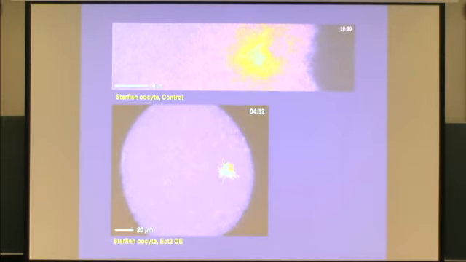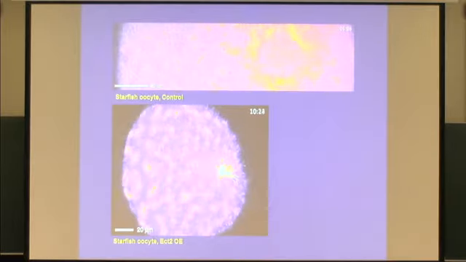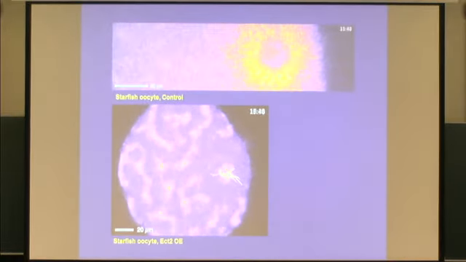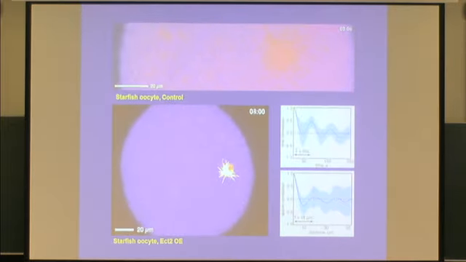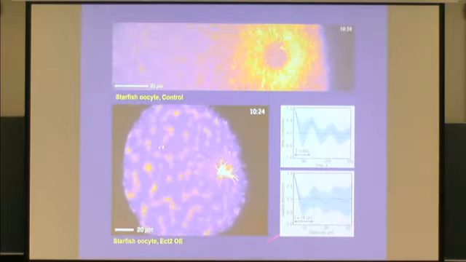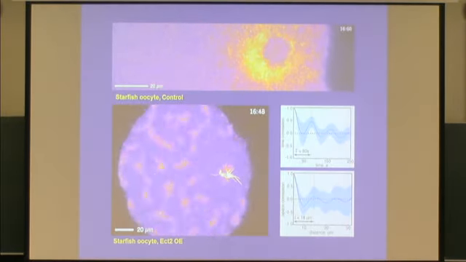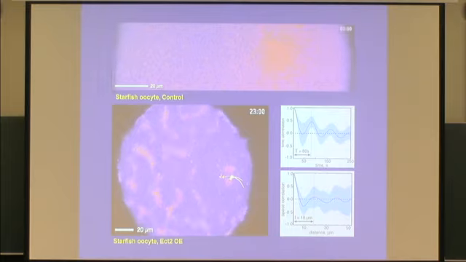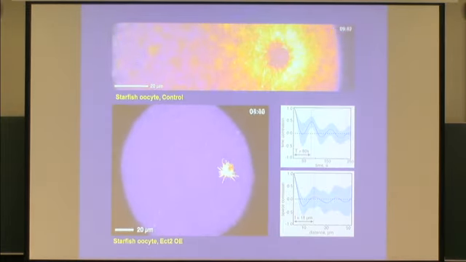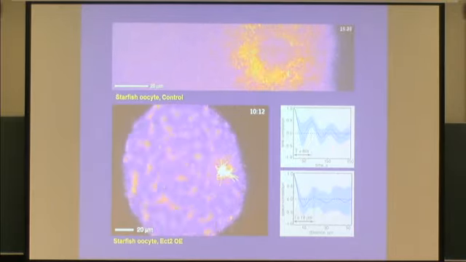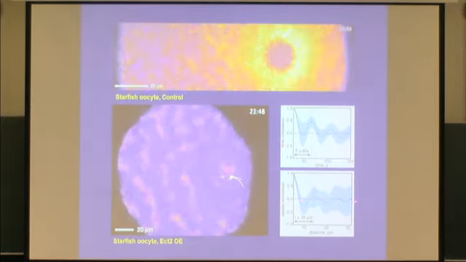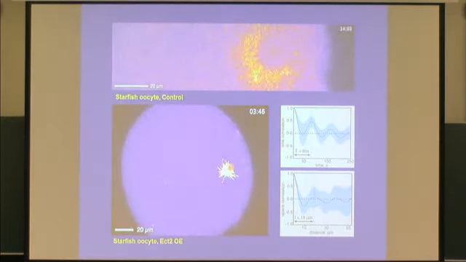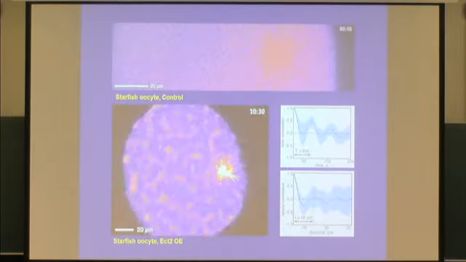So my postdoc Marcin and I, looking at this regular pattern, rejoiced and started applying methods of analysis standard in physics. What you see here is the result of autocorrelation analysis of this pattern, which shows that it is indeed quite nicely periodic in time and very weakly periodic in space with the characteristic wavelength of about 18 micron.